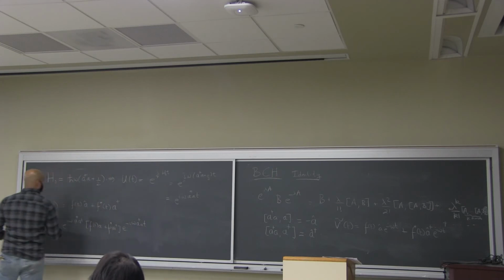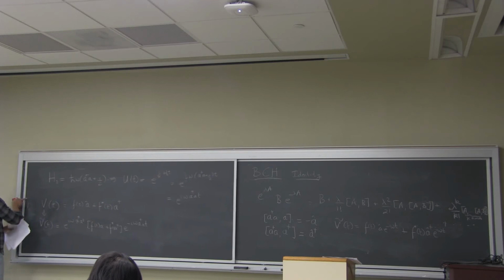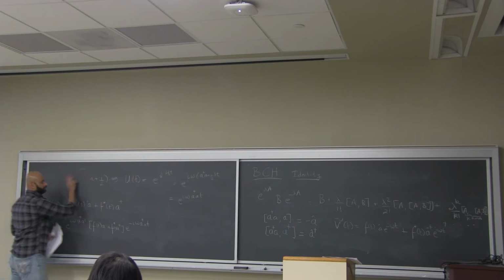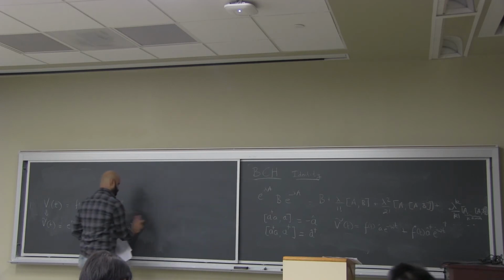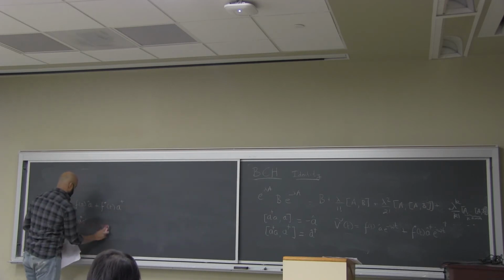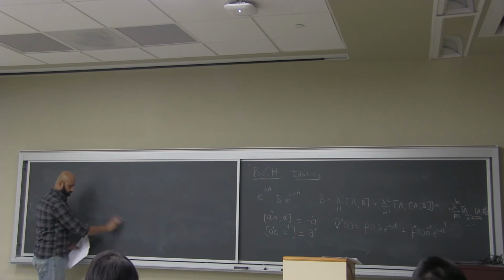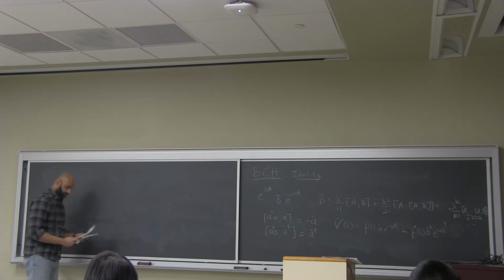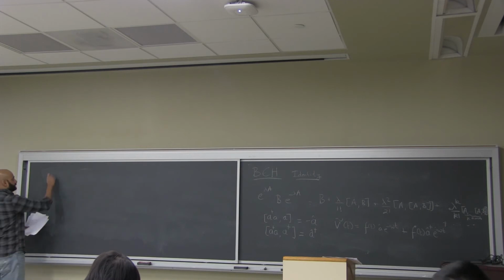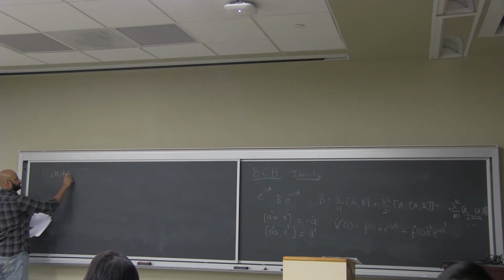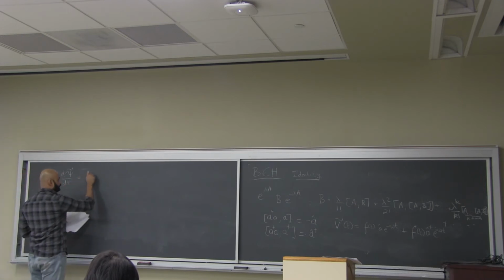Remember, we were going to calculate for a forced harmonic oscillator what is going to happen to the wave function as a function of time. So since we know V tilde of t, basically we just have to solve the equation of motion d psi tilde of t equals V tilde.